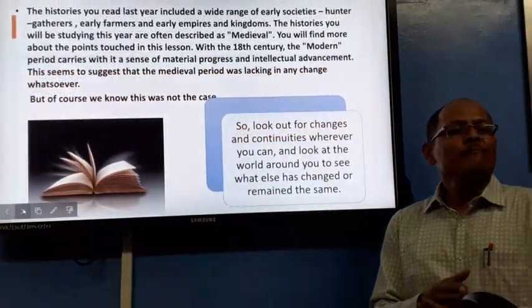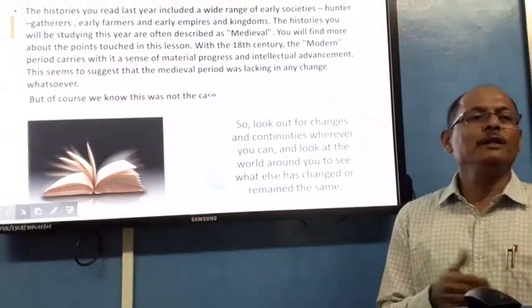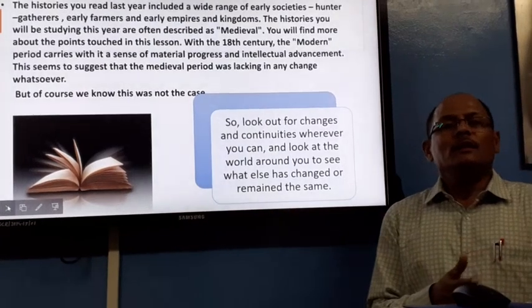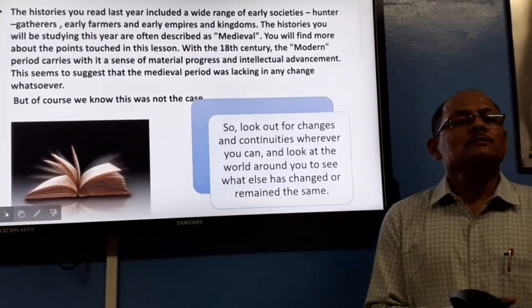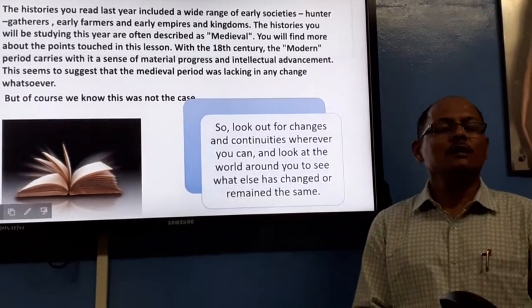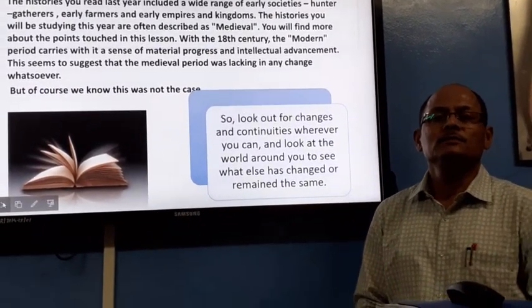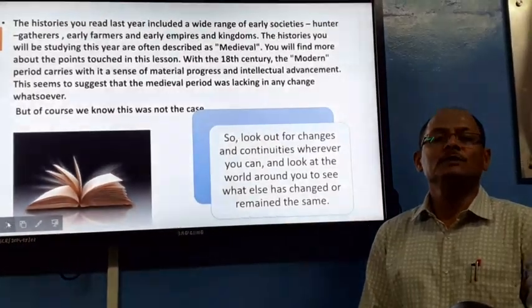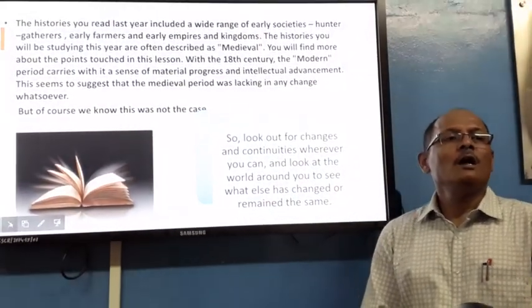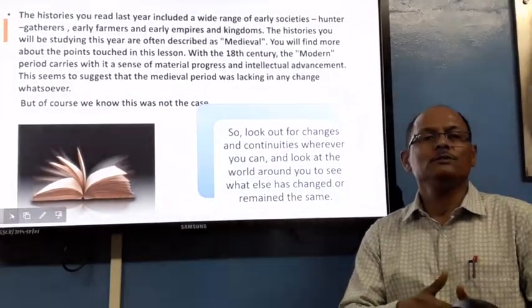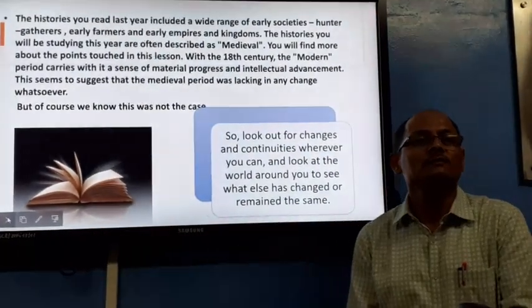Moreover, most of the historians believed, as you read in the previous class, in a wide range of early societies: hunters, gatherers, herders, farmers, early farmers, herders, and early empires and kingdoms. How we know Janapadas became Mahajanapadas.